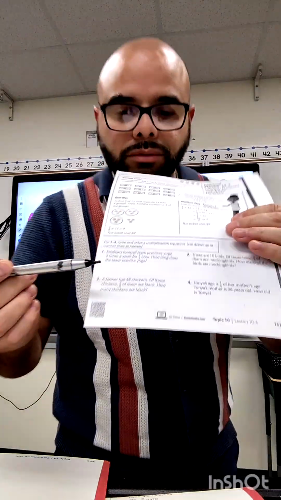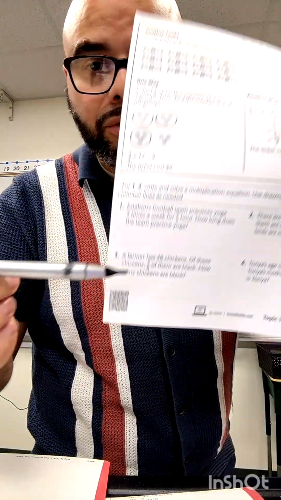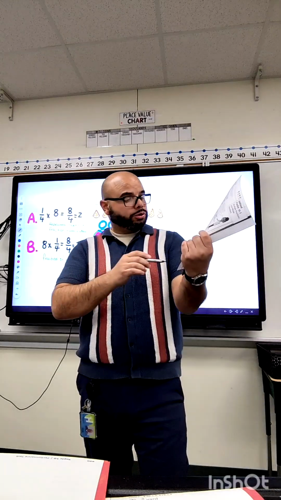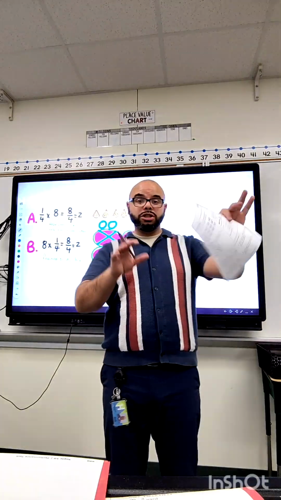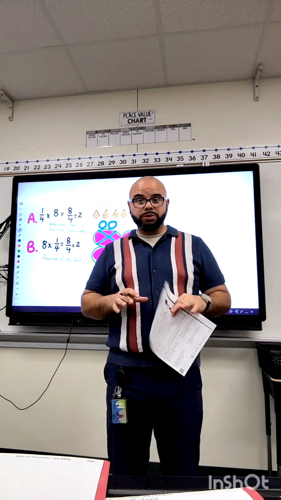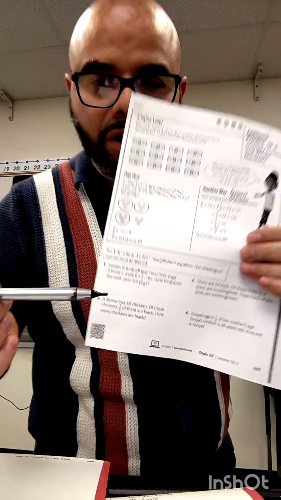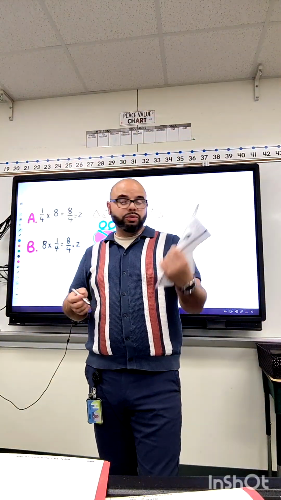So that fraction right there, 3/8, is going to help you group these 48 chickens. How many groups do you need? 8. Okay? After you group these chickens into 8 equal groups, then you could shade in the fraction, which is 3/8.